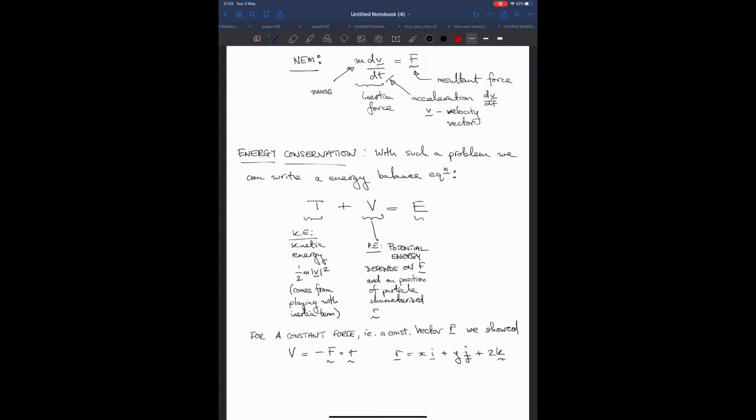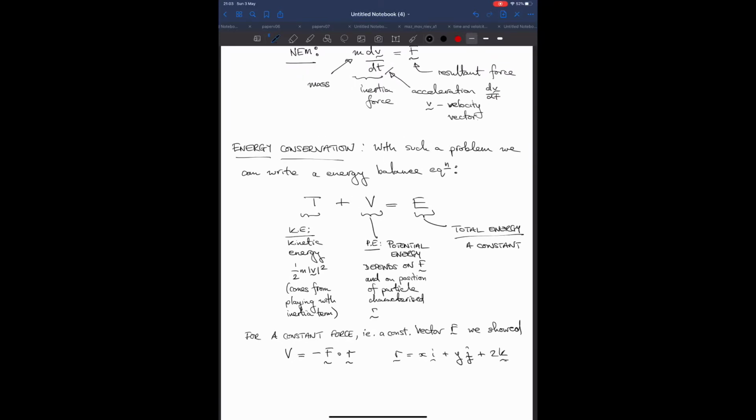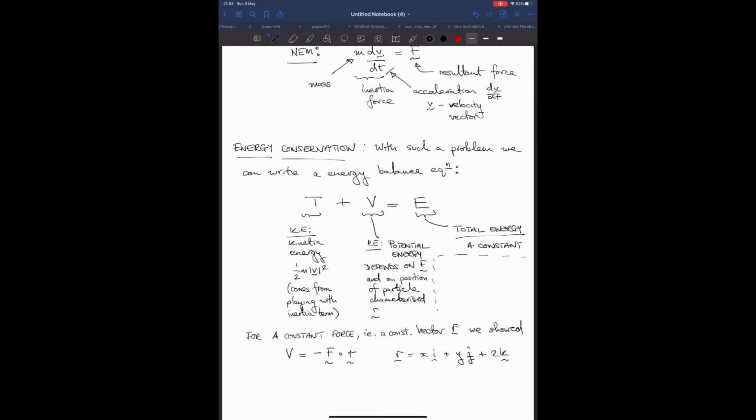Lastly, I told you about this. This is the total energy. It's a constant, and we can grab this constant from initial conditions. Okay, and what happens, as you'll see in examples, is that T and V, so this is an aside note, T and V can vary at the expense of the other.